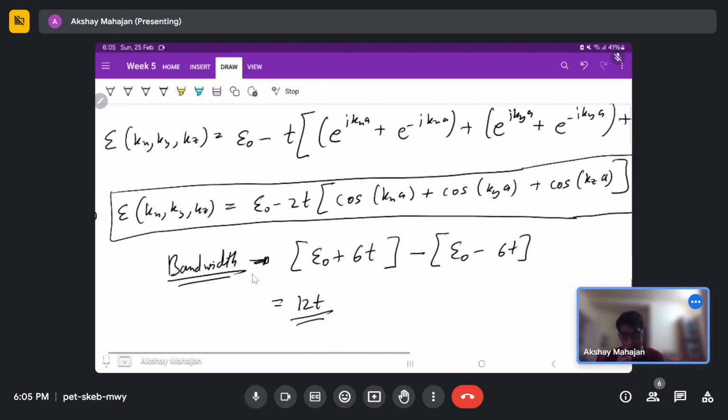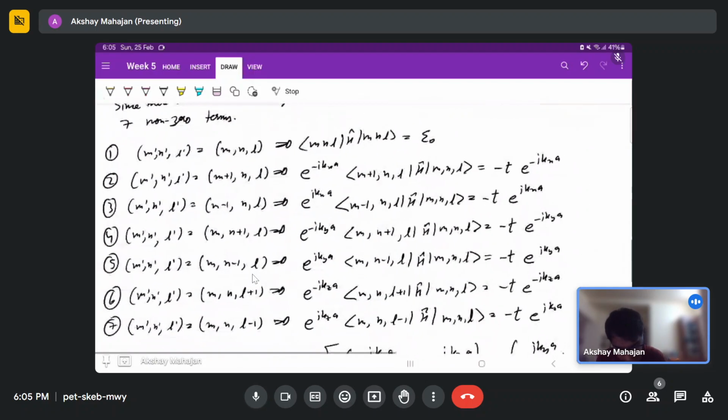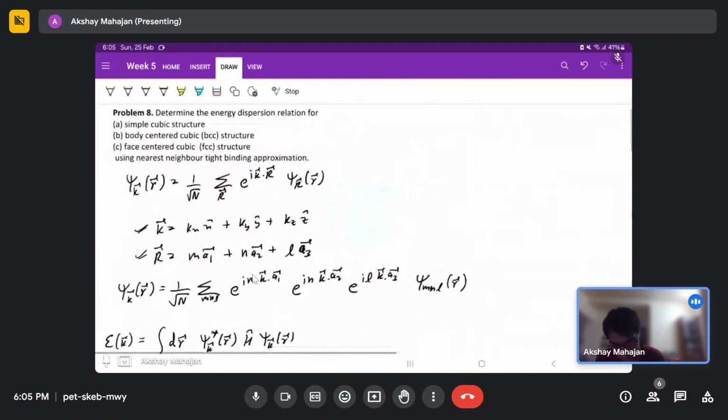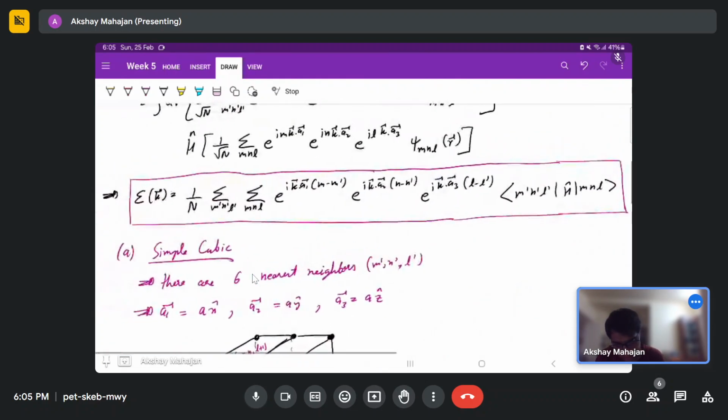Okay, so we are already out of time for this session. It's already 6 p.m. So the remaining 2 parts, for BCC and FCC, you can try on your own. Basically, this is the formula that you have to use.